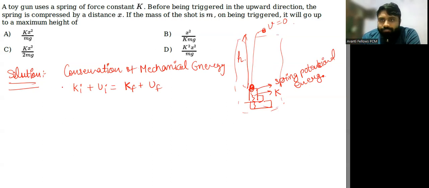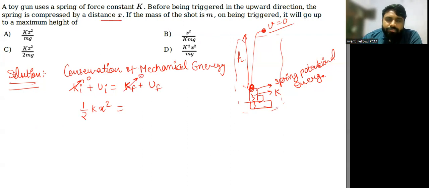So initially, when it is compressing the spring, the speed will be negligible, so initial kinetic energy will be 0. But the initial potential energy at the time of release, when it is compressed by a distance x, will be 1 by 2 kx square, equal to the final kinetic energy at the point of maximum height, which will also be 0, because at maximum height velocity is 0.